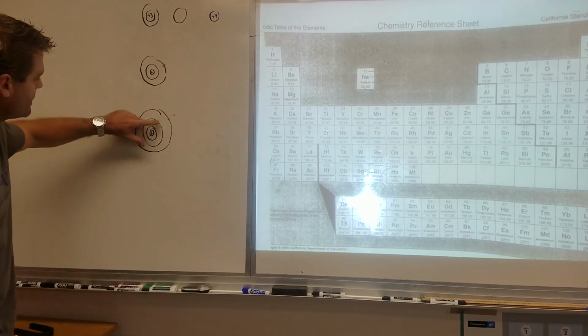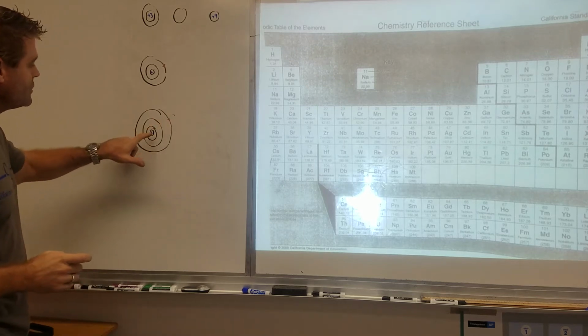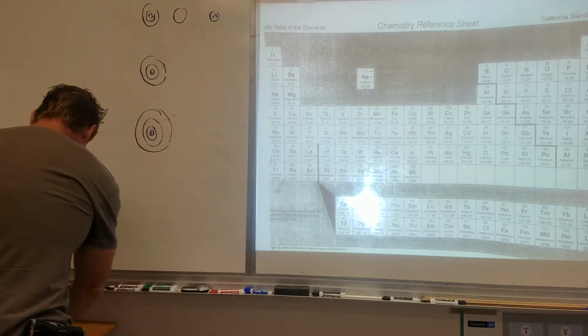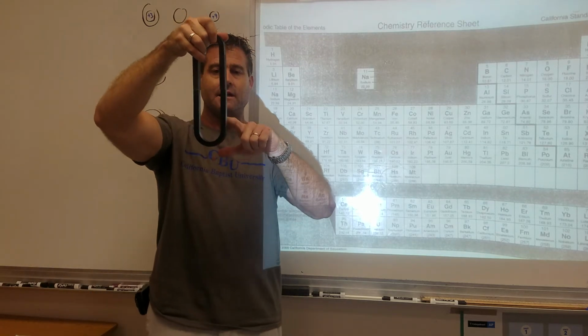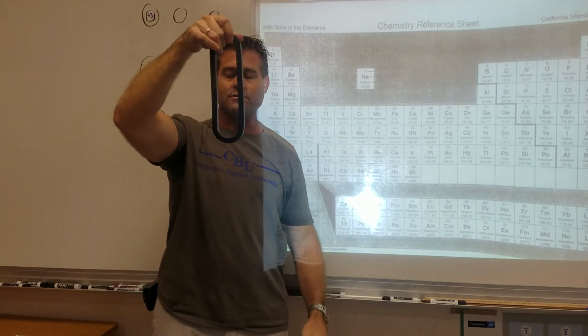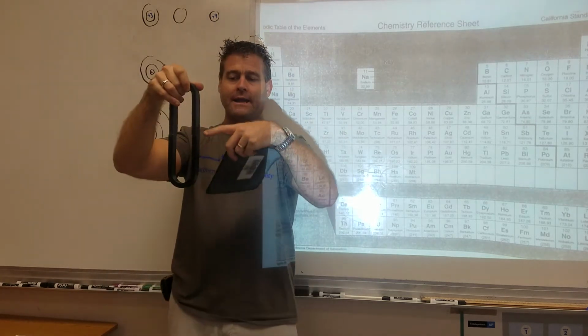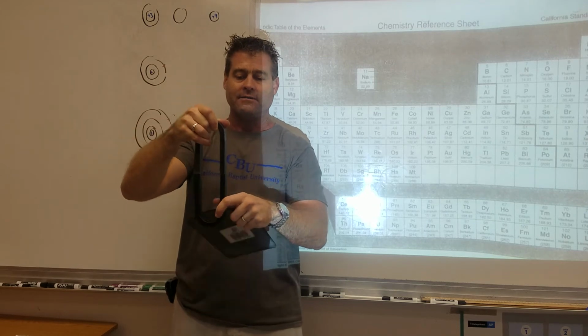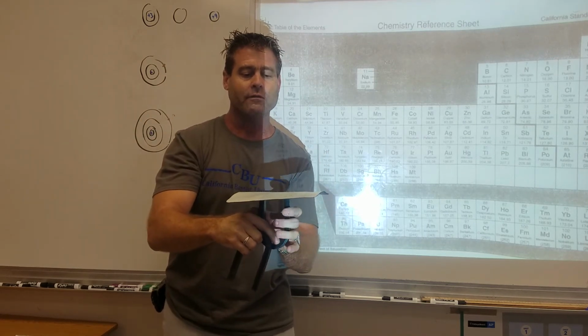You guys agree these underlying shells of electrons screen out the attraction that the negative electron would have for the positive nucleus. It's kind of like this: let's say this is the electron and this is the proton, right? There's an attraction. But now let's say there's a shell of electrons separating the outer electron from the positive nucleus. What effect is that going to have on the force of attraction? Is there going to be more of a force of attraction or less?